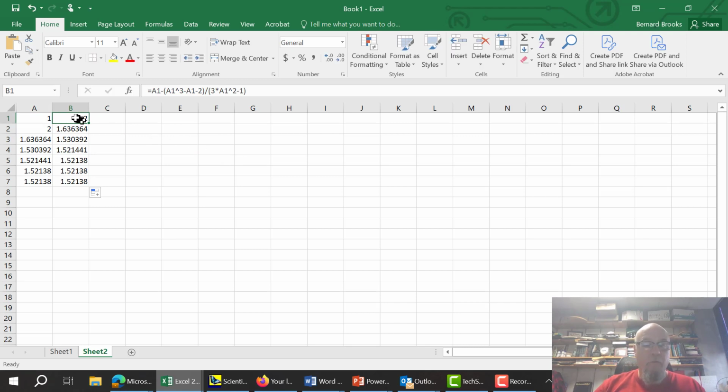And that was equal to 2. I make 2 the next number. Here's plugging 2 in, I get 1.636. 1.63, I plug in, get 1.53, etc. So when I do that, it eventually approaches an equilibrium value. It looks like I'm getting the value 1.521.